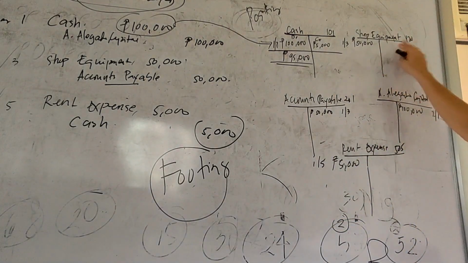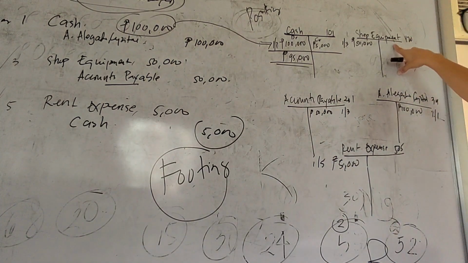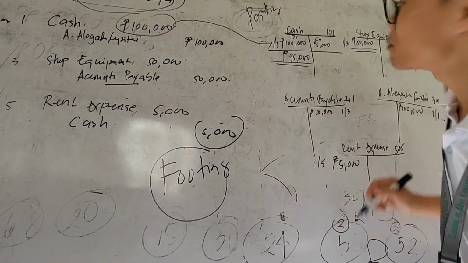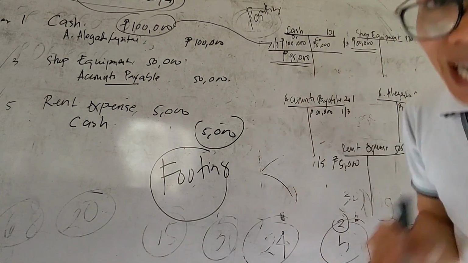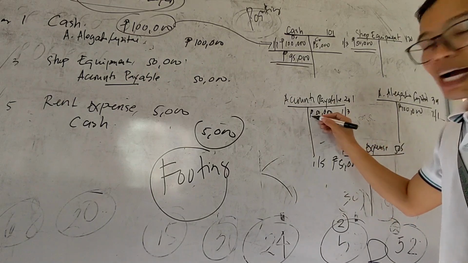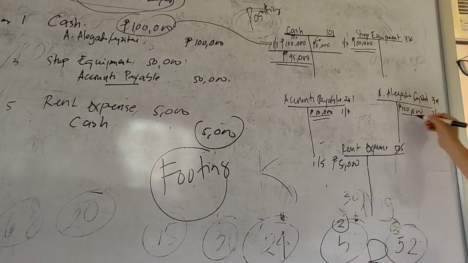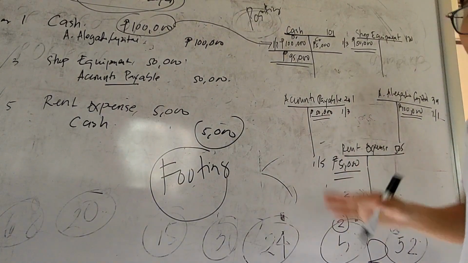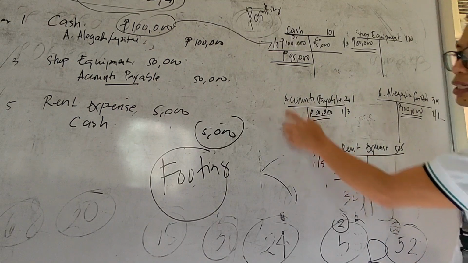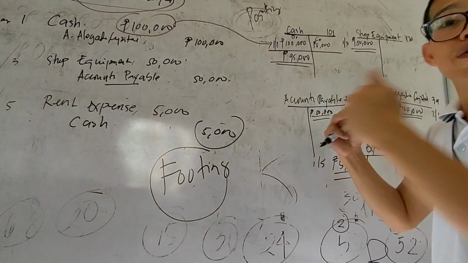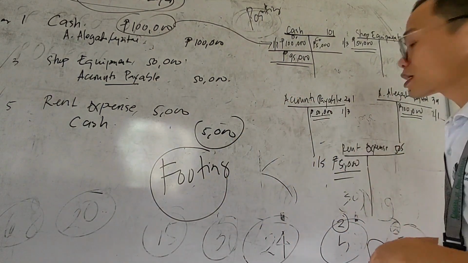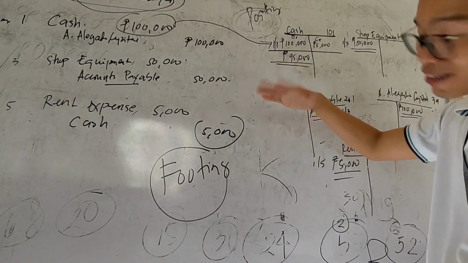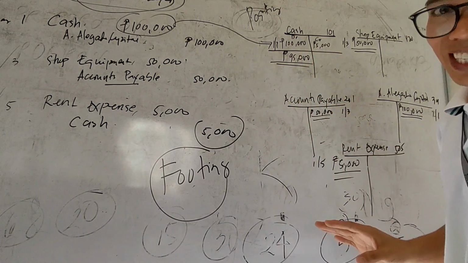Now, for the shop equipment, since there is no other amount here, you just have to double rule that one because that means this is your balance amount. You also have here the accounts payable, the allegado capital, and the rent expense. Okay? So, the idea here is that if there are other amounts on the other side, you do footing, you do subtraction, you subtract that, and you put the difference, the result, on the side that is bigger.